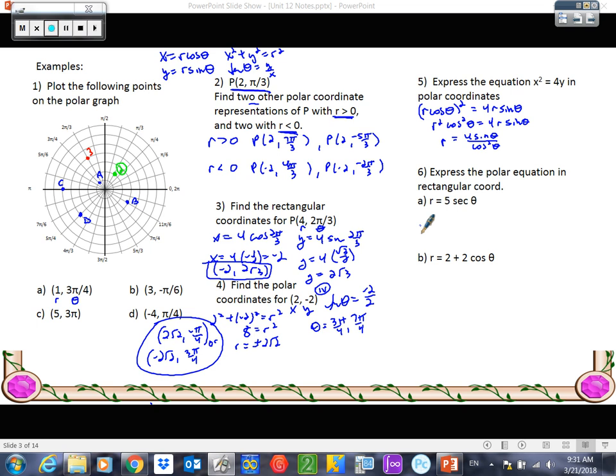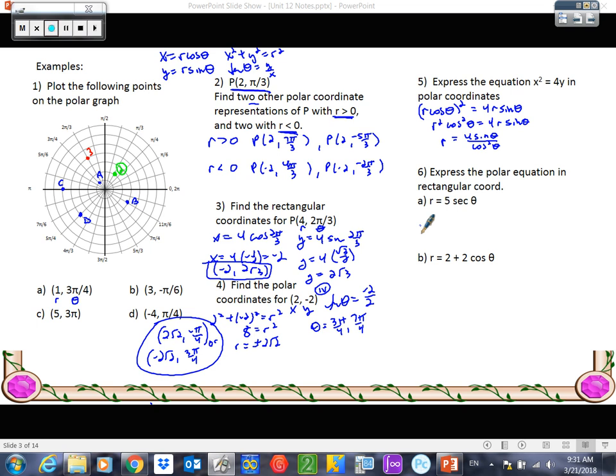So this is where our trig identities come in. We know sine over cosine is tangent, and 1 over cosine is secant. So can't we turn sine over cosine squared to tangent times secant? Are we comfortable with that? That's how we would write this problem.